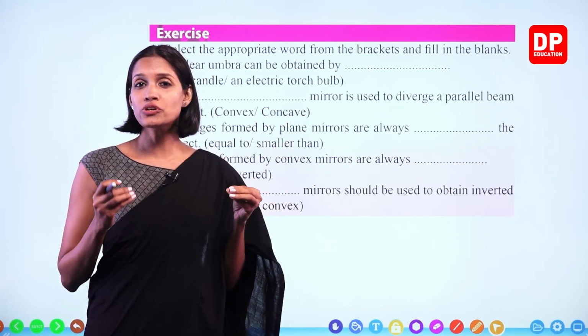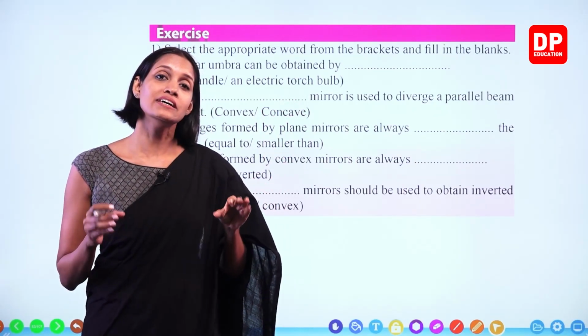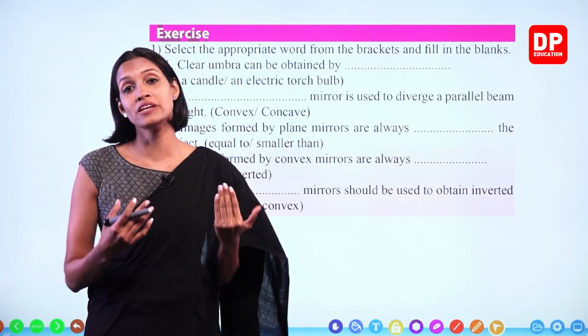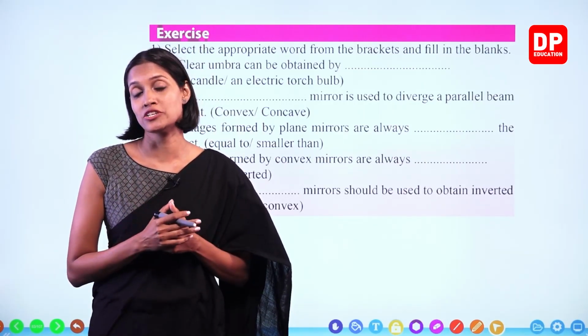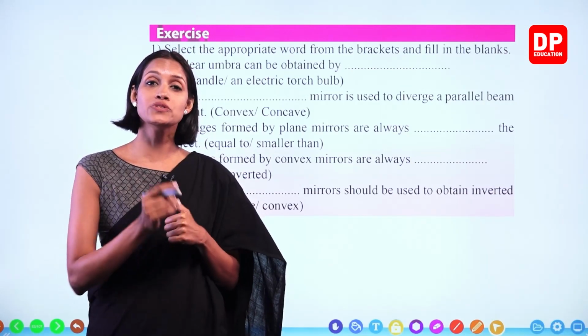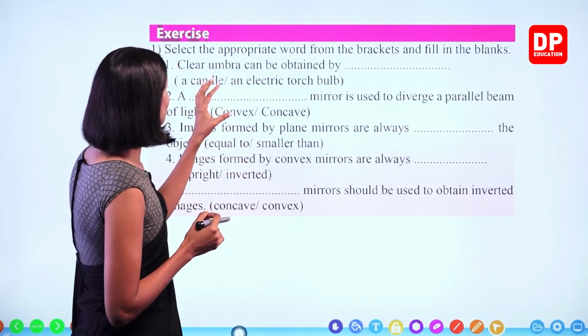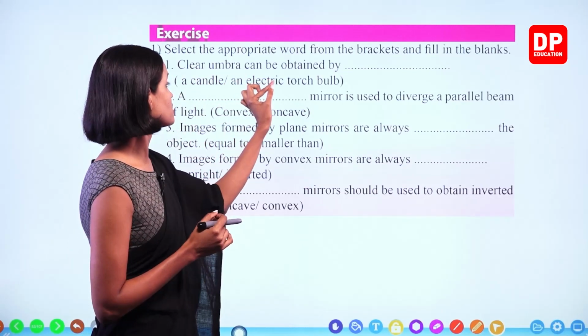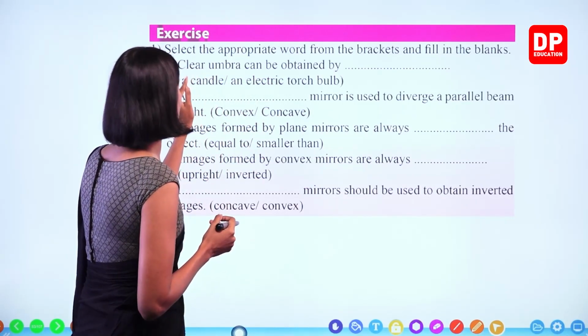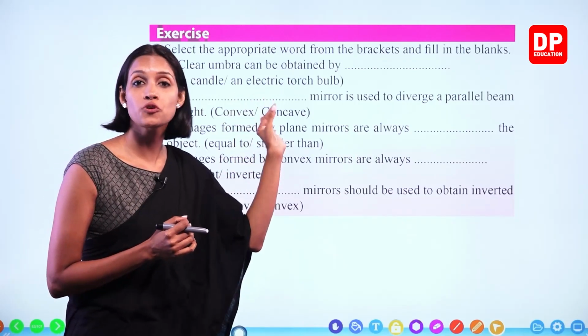Okay, children? But here, we have to check by what type of source of light we can obtain a clear umbra. Do you remember I explained another method of obtaining a clear or sharp umbra, children? I told you we can use a narrow source of light. So when we consider the candle and an electric torch bulb, the candle is a narrow source of light.